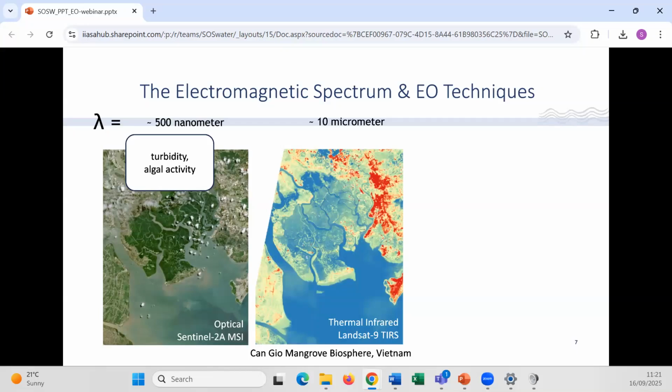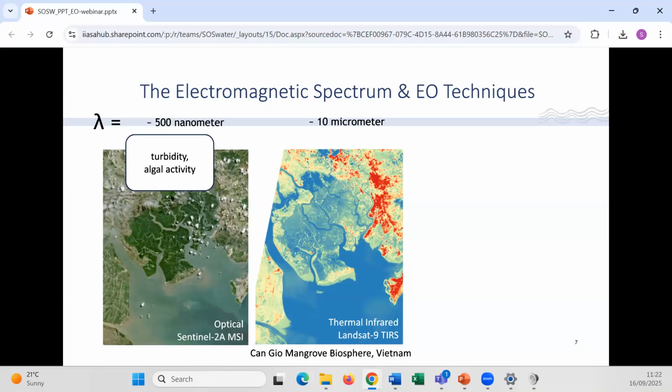And then if we move further up in wavelength and further down in frequency, we go to around 10 micrometers, which is the thermal infrared range. Here, for example, we have an example from Landsat 9, which has the TIRS sensor. Whereas in optical sensors we measure the reflected light from the sun, here we actually measure the thermal emission from the Earth's surface.